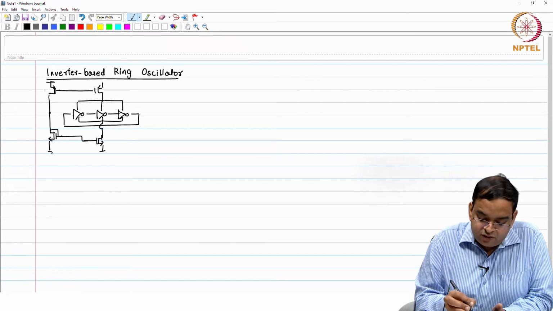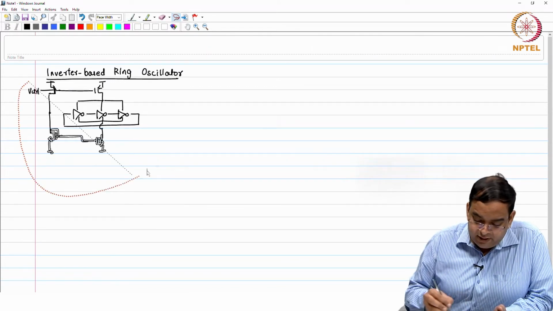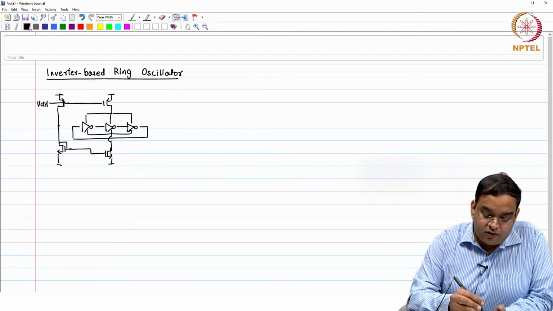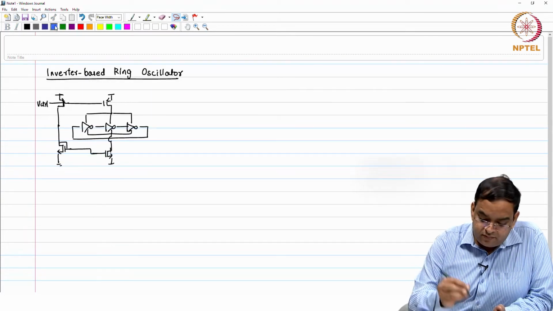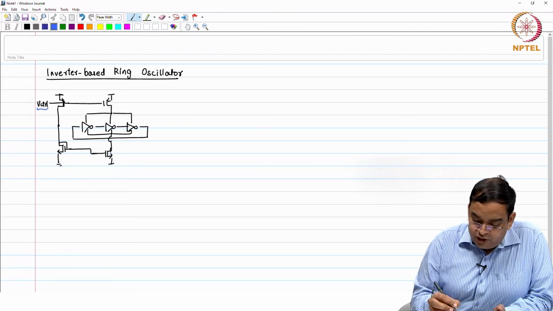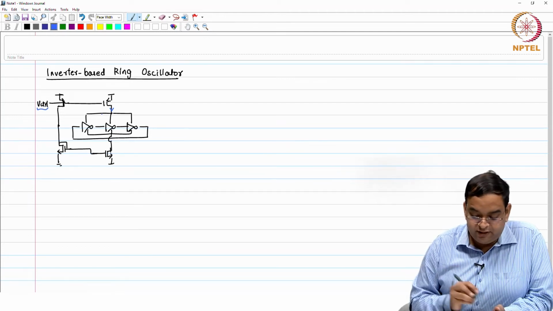So, this was our V control. An important point here is that in this ring oscillator, as you control V control, you are changing the current through the ring oscillator, right.